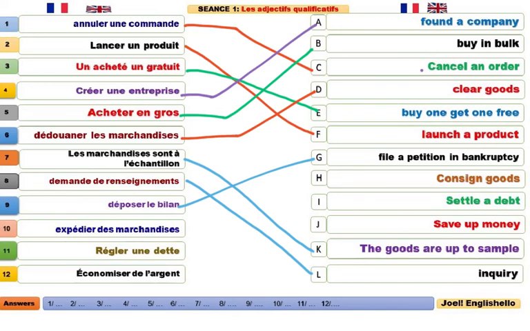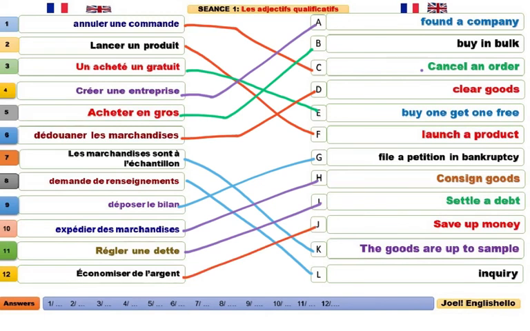To consign goods. Régler une dette. Settle a debt. Économiser de l'argent. To save up money.